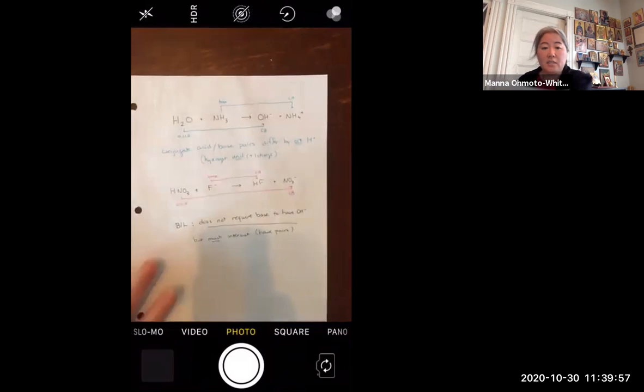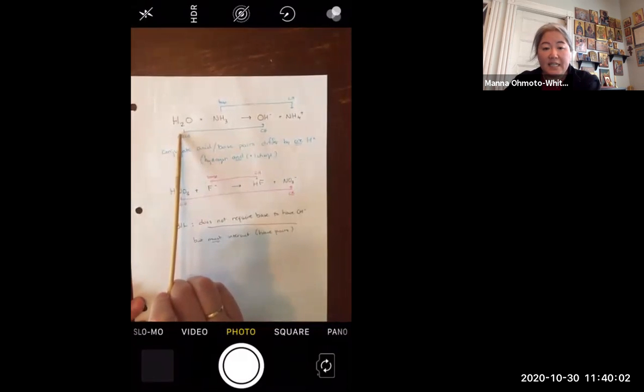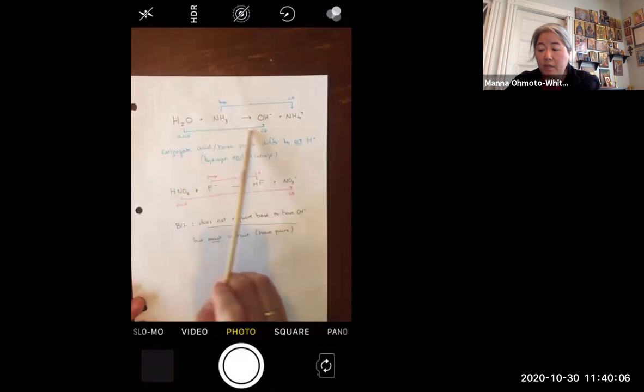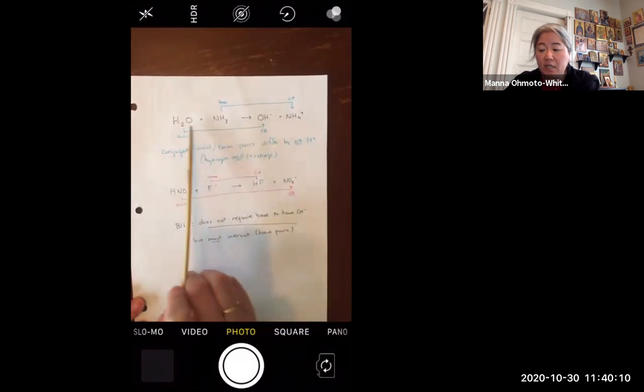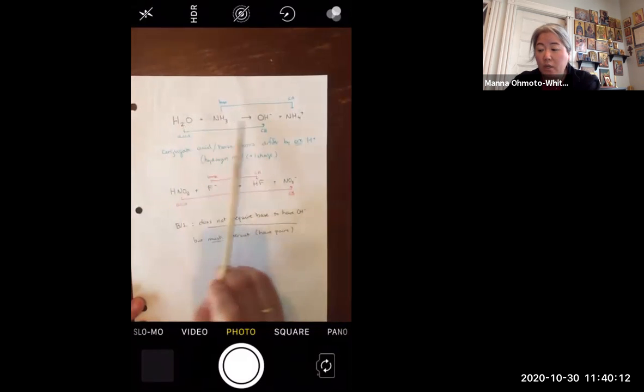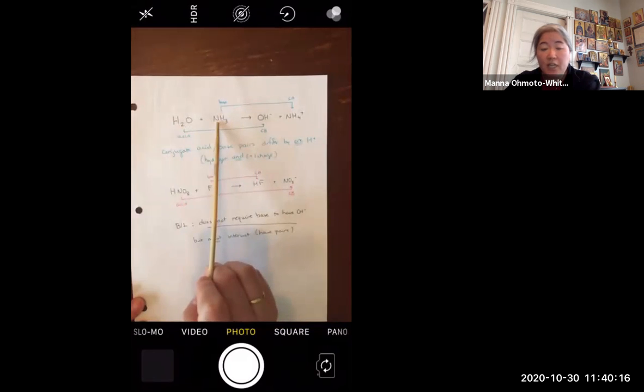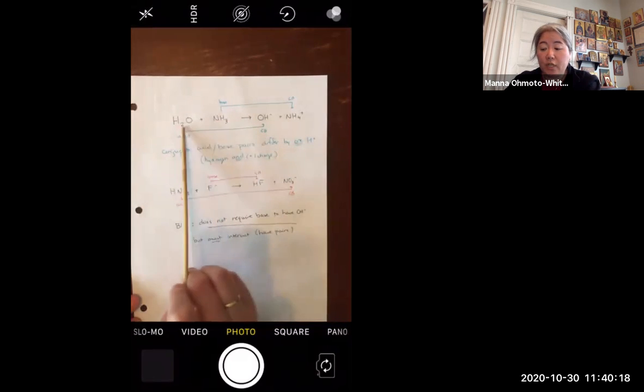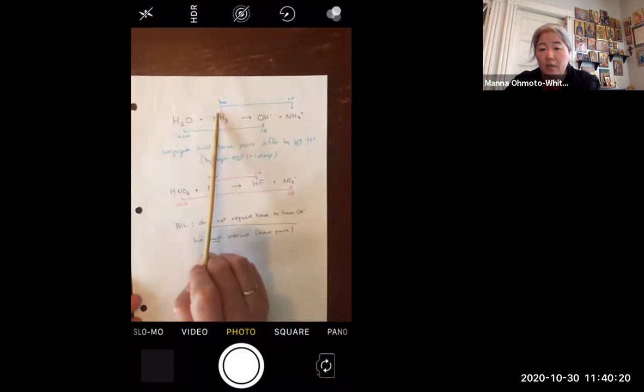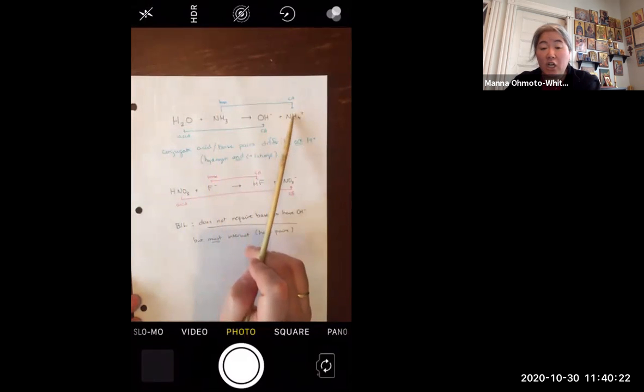So I can look at it in a specific circumstance. Here, water acts as an acid. It gives its proton up and becomes OH minus. So the conjugate acid-base pair is H2O, and its conjugate base is OH minus. NH3 accepts that proton that H2O gave up, and as a result, it creates its conjugate acid, NH4 plus.